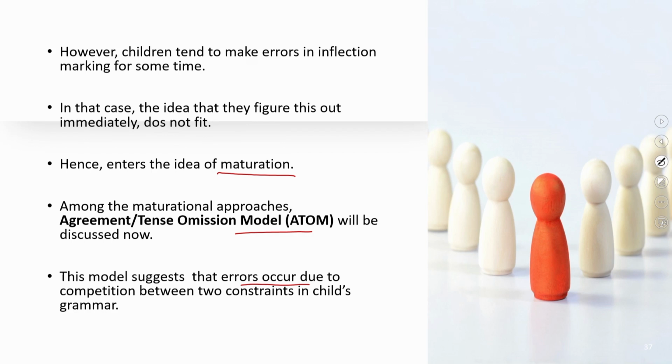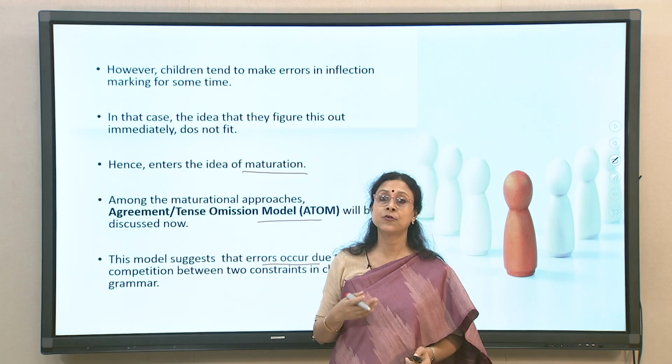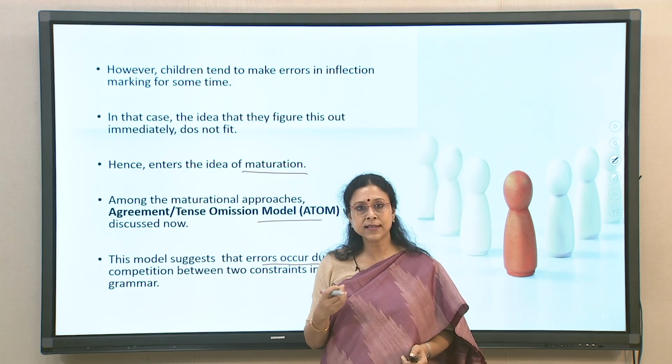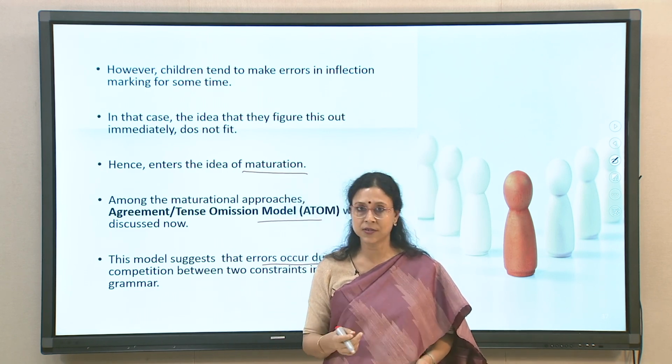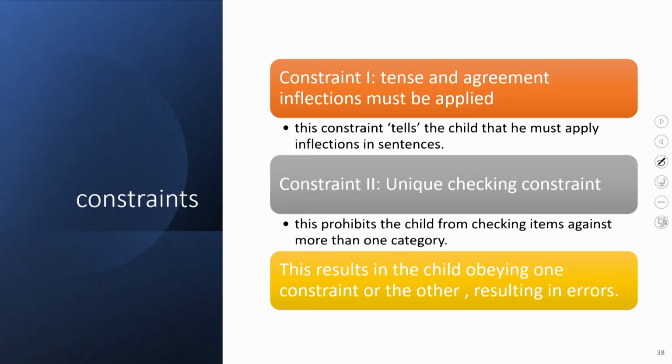So, the baseline is like this. If grammar is innate and children automatically have access to it, then they should not make mistakes, but mistakes they do. And now, how do you answer for those mistakes? That there are constraints. What are the constraints? Let us see. Constraint number 1 is that tense and agreement inflections must be applied.